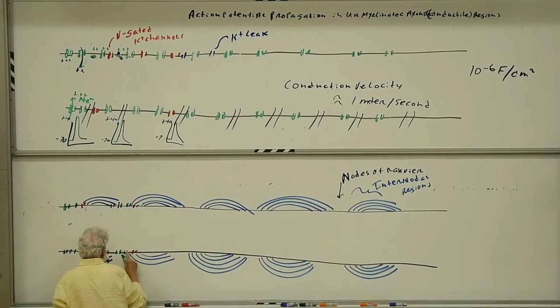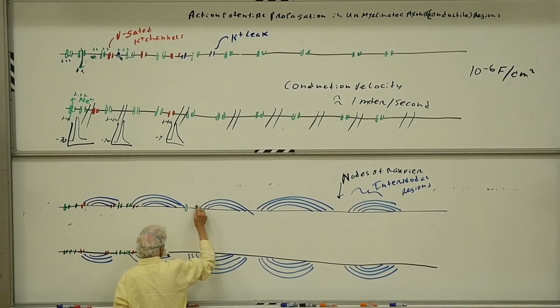So these green channels, the voltage-gated sodium channels, are restricted, by and large, to the nodes.